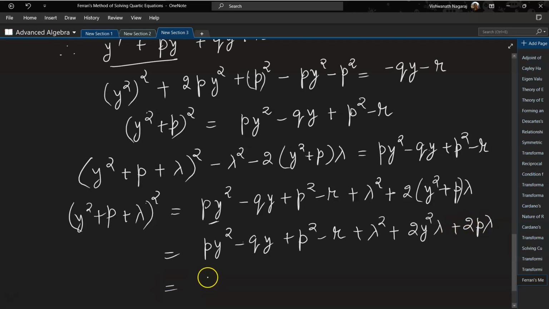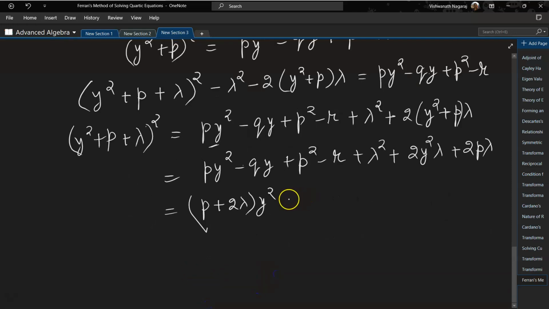Now let's group them. We have (p + 2λ)y². Then we have minus q, do we have y? No. So minus qy. Then we have plus the remaining: p² minus r plus λ² plus 2pλ. Okay. Let's make this proper.